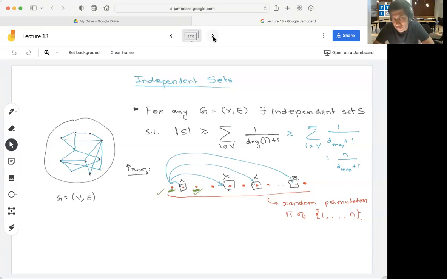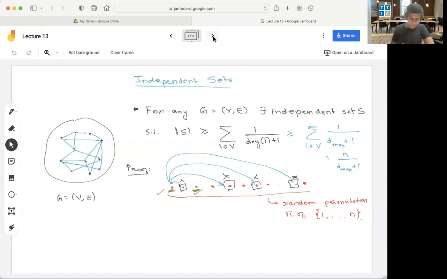So this is doing exactly what we did in the previous algorithm, this greedy procedure. But now it's doing it in a random order. It's just processing the vertices in a random order. It's a random procedure, but it's giving you a way of finding a large independent set.